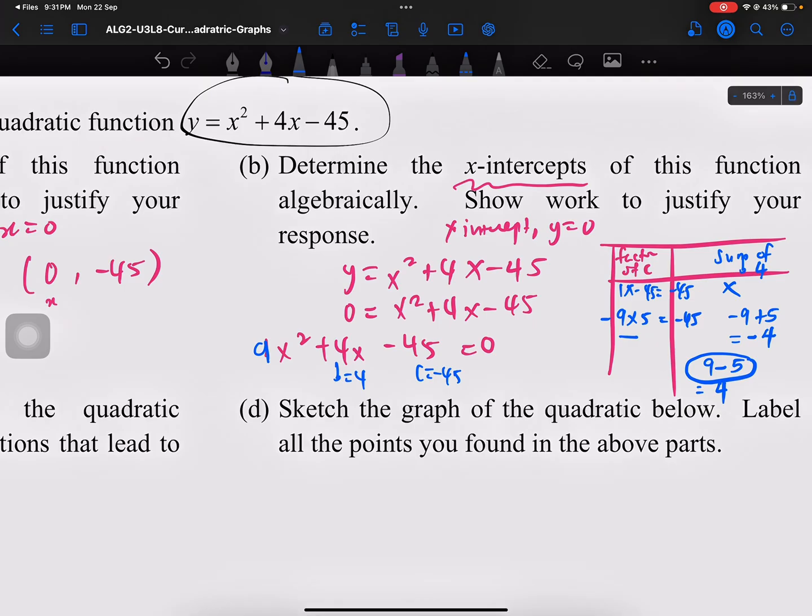From this, we write down (x plus 9)(x minus 5) equals 0. Then we use the zero product law.